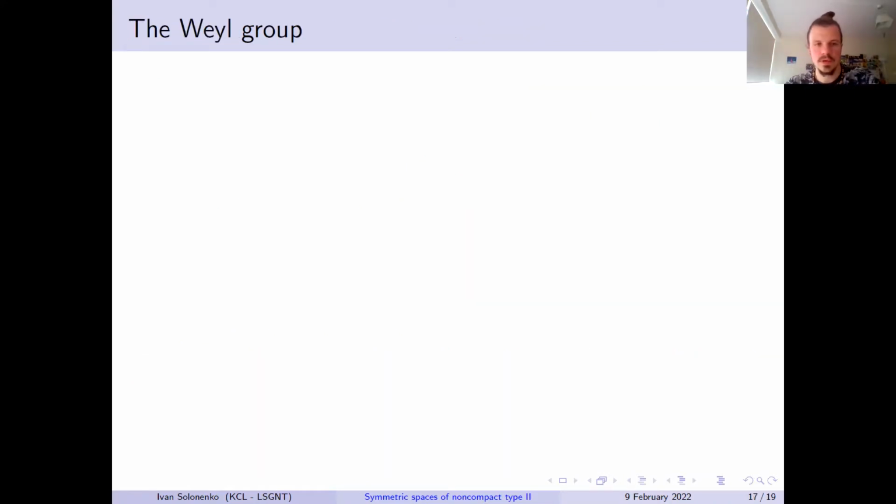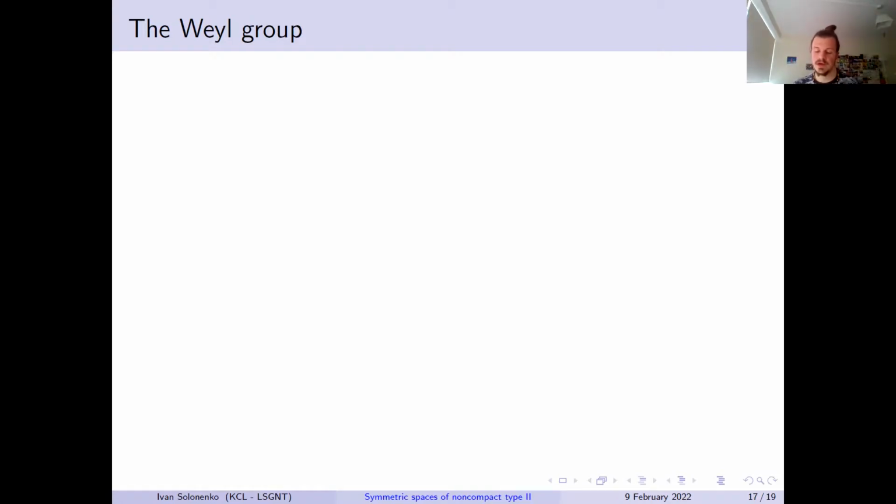Okay, we're almost done. In the remaining 5 minutes, we just discuss the Weyl group. So again, what's the picture? We started with symmetric spaces of non-compact type. We said that they are basically the same as non-compact simple or semisimple real Lie algebras. For them, we constructed this theory of restricted root spaces, restricted roots and restricted root systems.